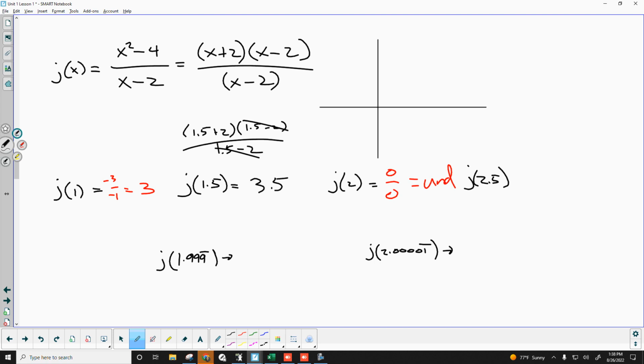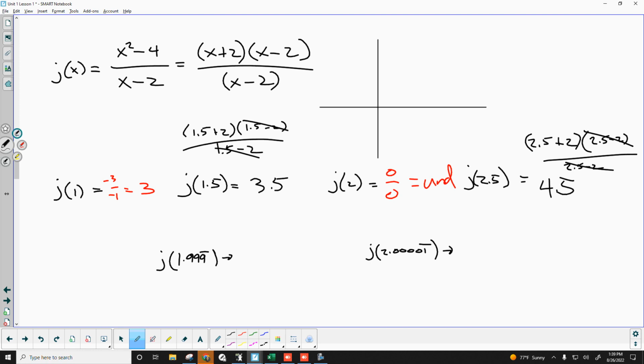That's not that bad. I don't have to worry about 1.5 squared and dividing it by 0.5. Let's look at 2.5. All right, well, if I plug in 2.5 into 2.5 plus 2, 2.5 minus 2, 2.5 minus 2, I realize, oh, that 0.5 divided by 0.5, yeah, that will cancel, and I get 4.5. All right, that's easy.